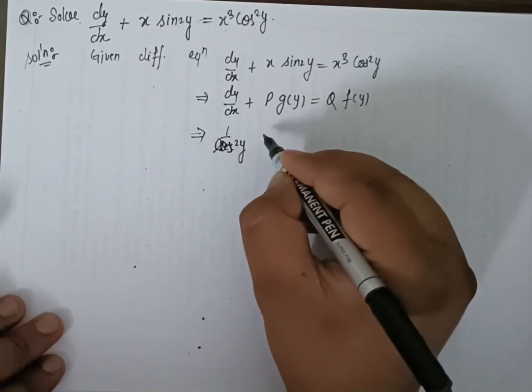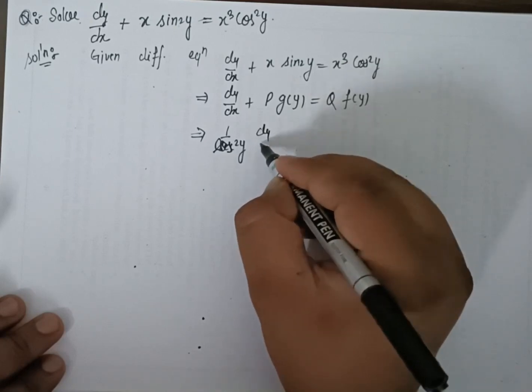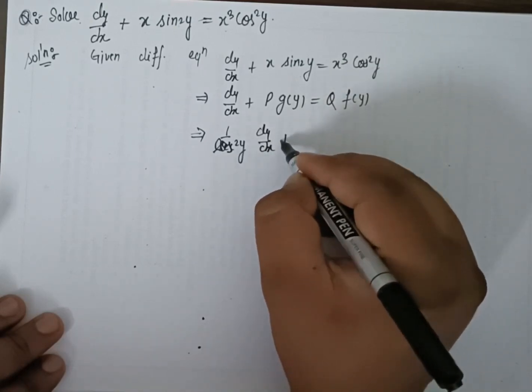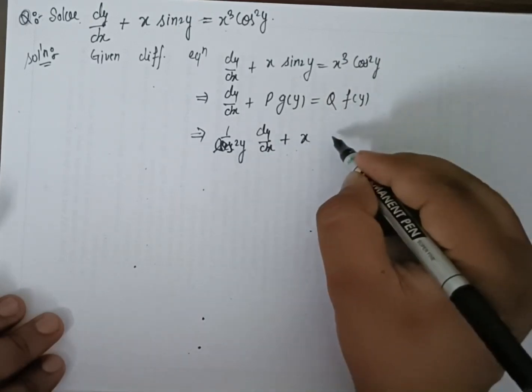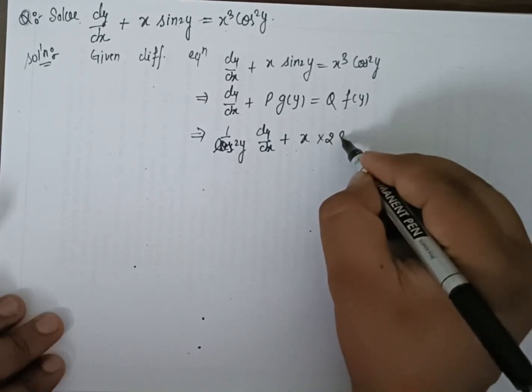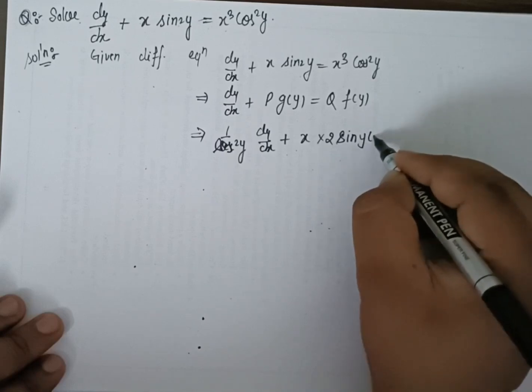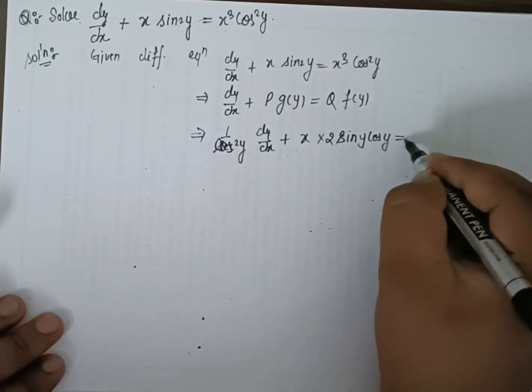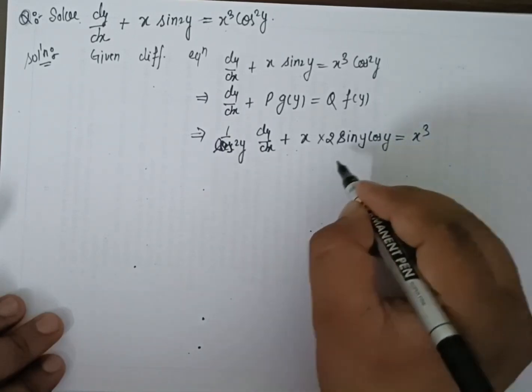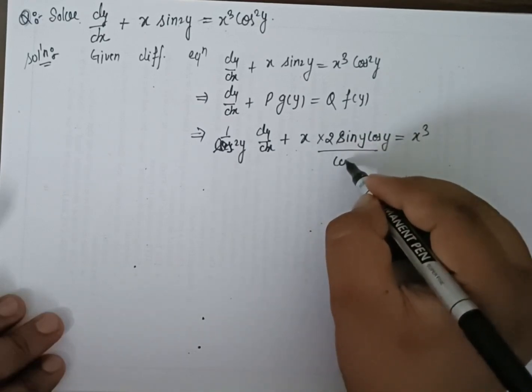cos²y dy/dx, and then plus x sin 2y, which you can write as 2 sin y cos y, is equal to x³ divided by cos²y.